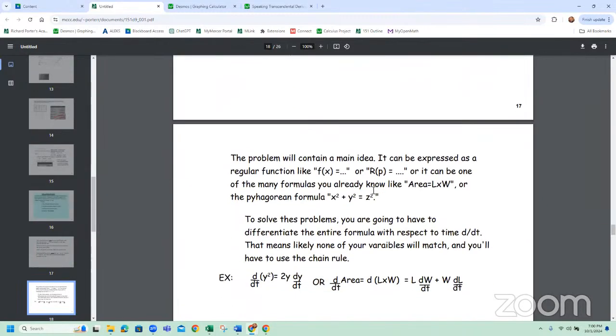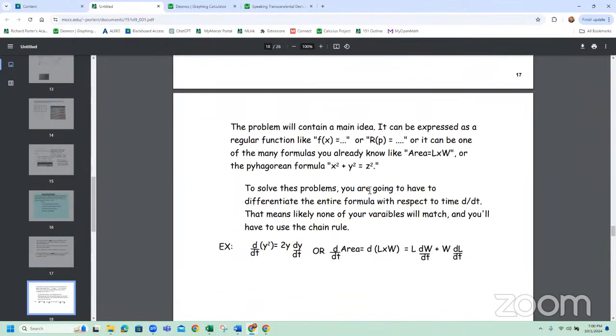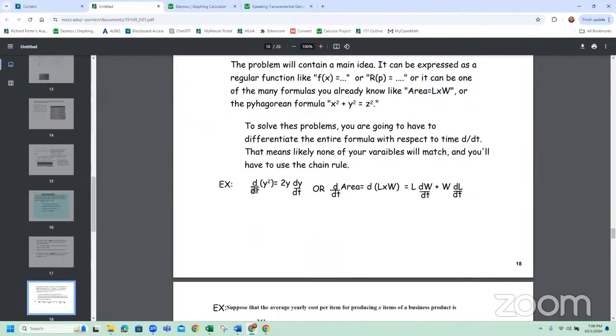Remember, when you have something like x squared plus y squared equals z squared, or area equals length times width, when you take the derivative with respect to t of y squared, the power rule says you get 2y. The chain rule says you get dy/dt also. The power brings the 2 down, subtract 1.